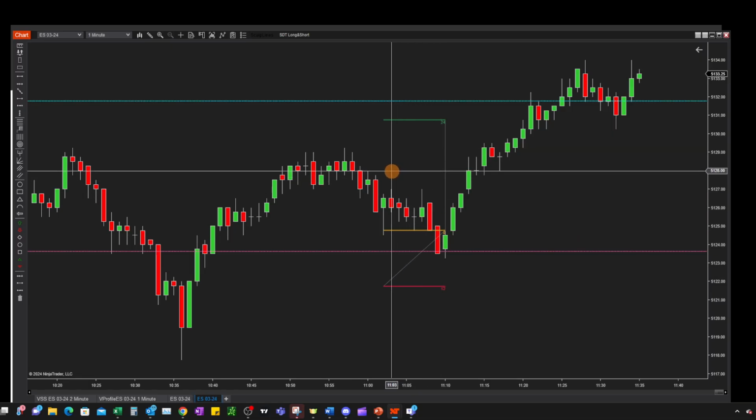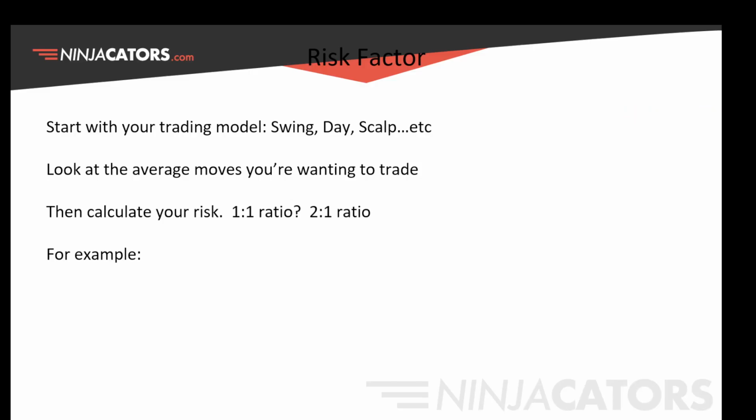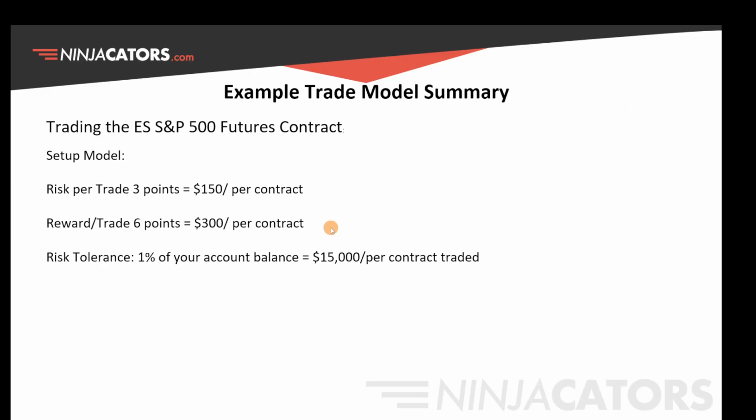Now let's do the reverse math on that and show you what that looks like in terms of your account balance needed to trade that trade model. Your risk per trade, like I said, is 3 points, $150, at $50 per point on the S&P 500, and you're risking 3 of them on that trade model.